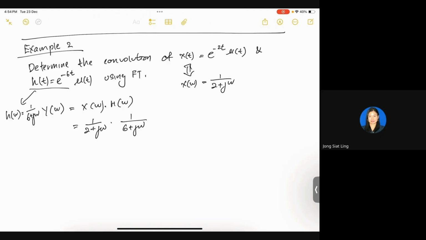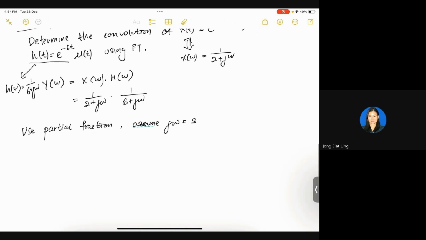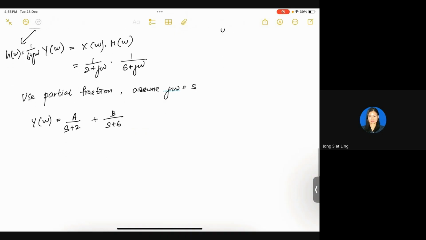We can use the partial fraction expansion, and we assume jω equals s to ease you to solve the question. So Y(ω) equals A over (s plus 2) plus B over (s plus 6). Now we can find A and B.